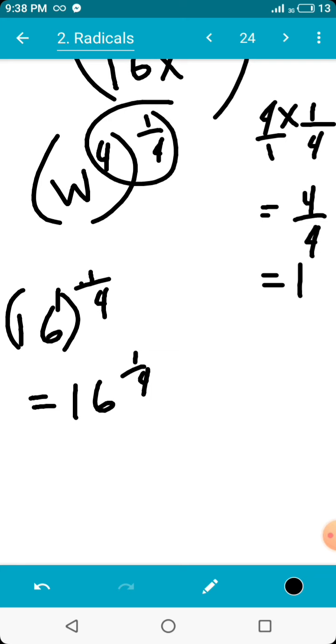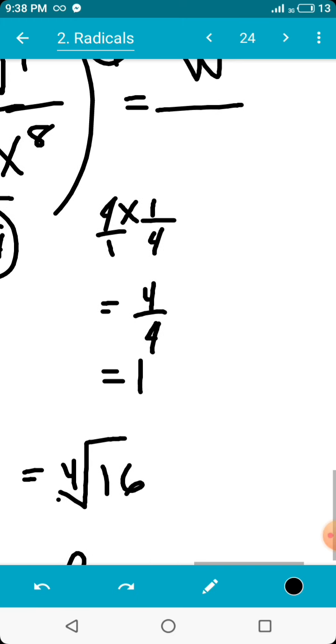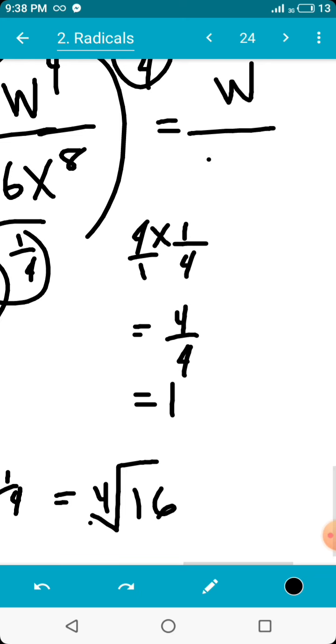Fourth root of 16. Okay? So, kung natatandaan nyo, ano yung fourth root na 16? That is 2. Tama ba? Let's see. 2 times 2 times 2 times 2, and that is 16. Okay, kaya 2 ang kanyang fourth root. Alright? So, yung isa dito ay 2.